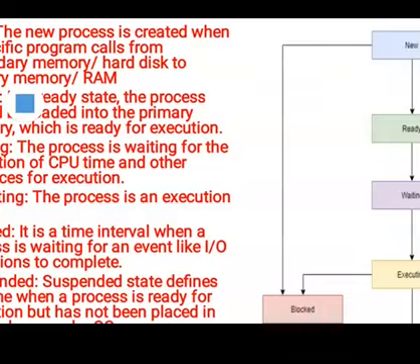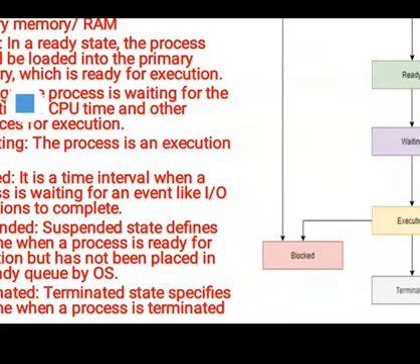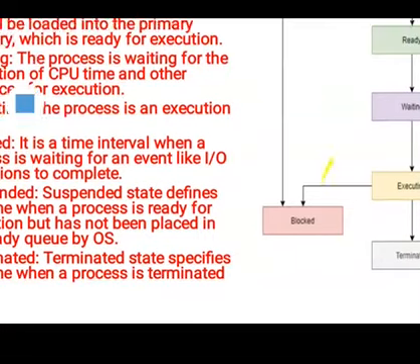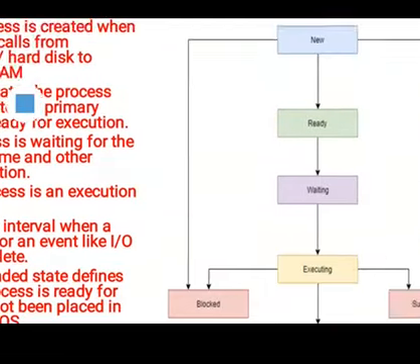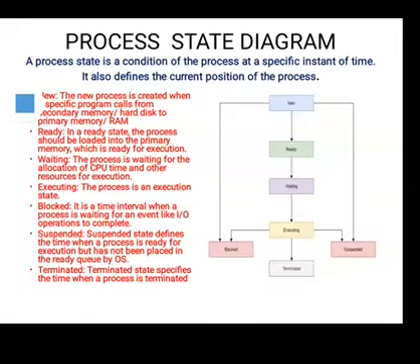Suspended state defines the time when a process is ready for execution but has not been placed in the ready queue by the operating system. Terminated state specifies the time when the process is terminated. This will show the diagram of process states.